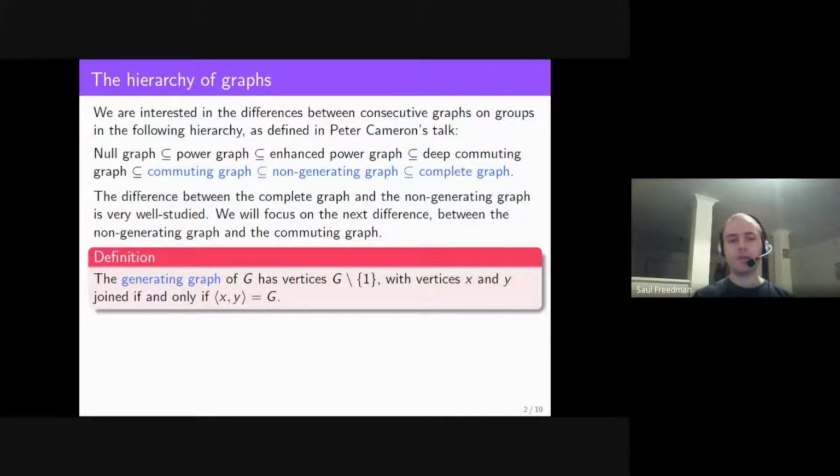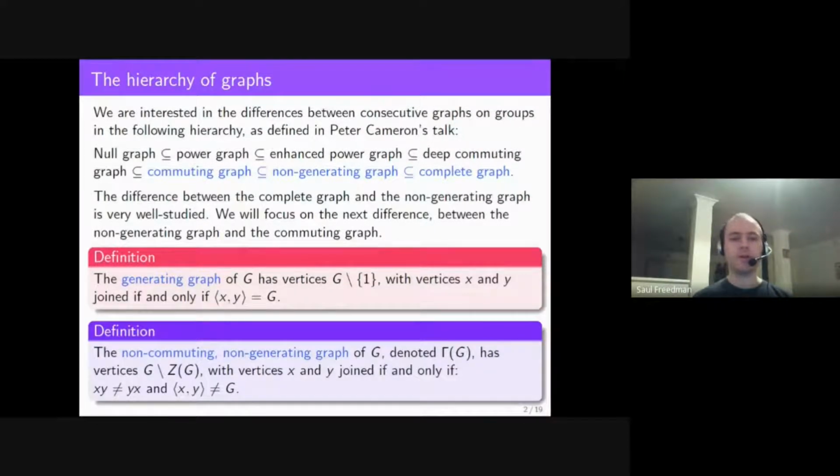Now, the graph that we're interested in is the non-commuting, non-generating graph. We denote this by gamma of G. This graph has vertices the non-central elements of G, and two vertices are joined if and only if they do not commute and they do not generate G. So in other words, they generate a proper subgroup of G. I'll note that for the generating graph, we remove the identity vertex from the vertex set because, at least for a non-cyclic group, this will never be part of a generating pair, and so it will always be an isolated vertex, so we just remove it.